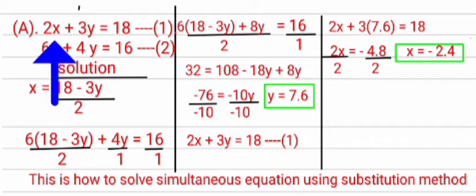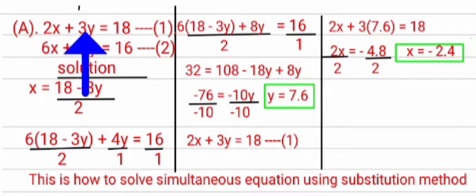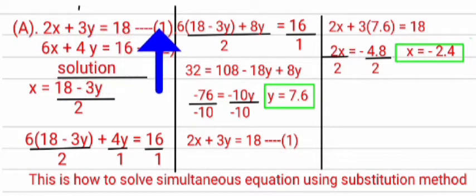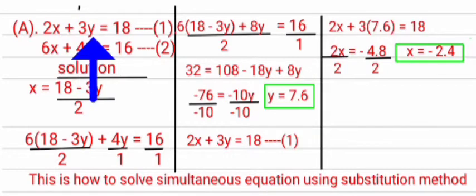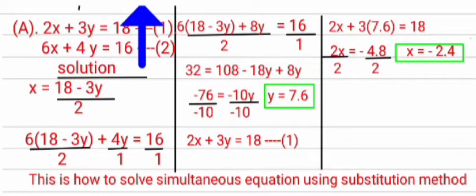So let's proceed. To solve using the substitution method, the first thing you want to do is take your first equation, which is 2x plus 3y equals 18, equation 1, and make either y or x the subject of the formula. In order to do that, all you need to do is collect like terms.